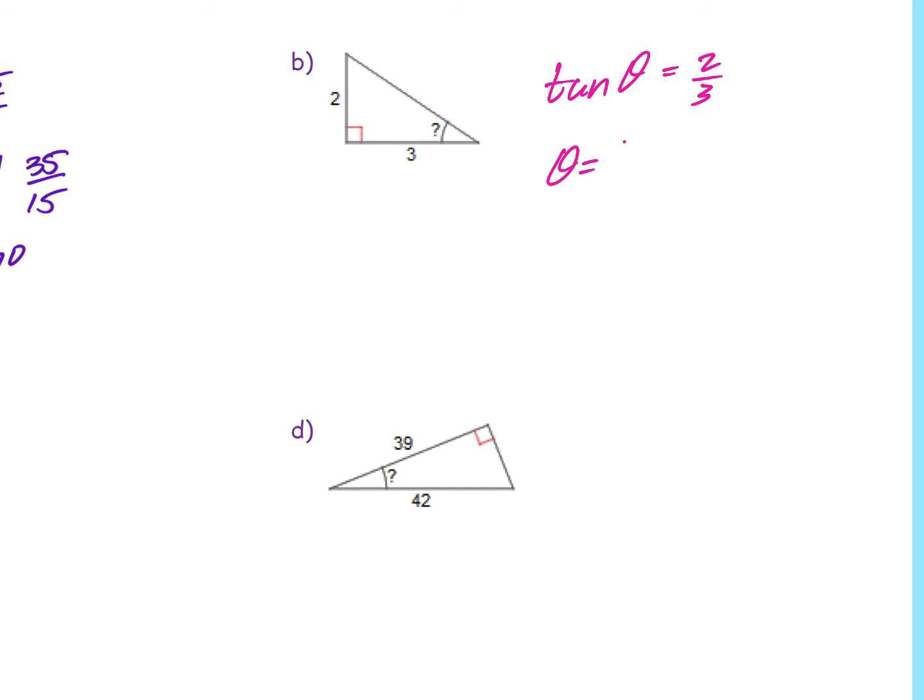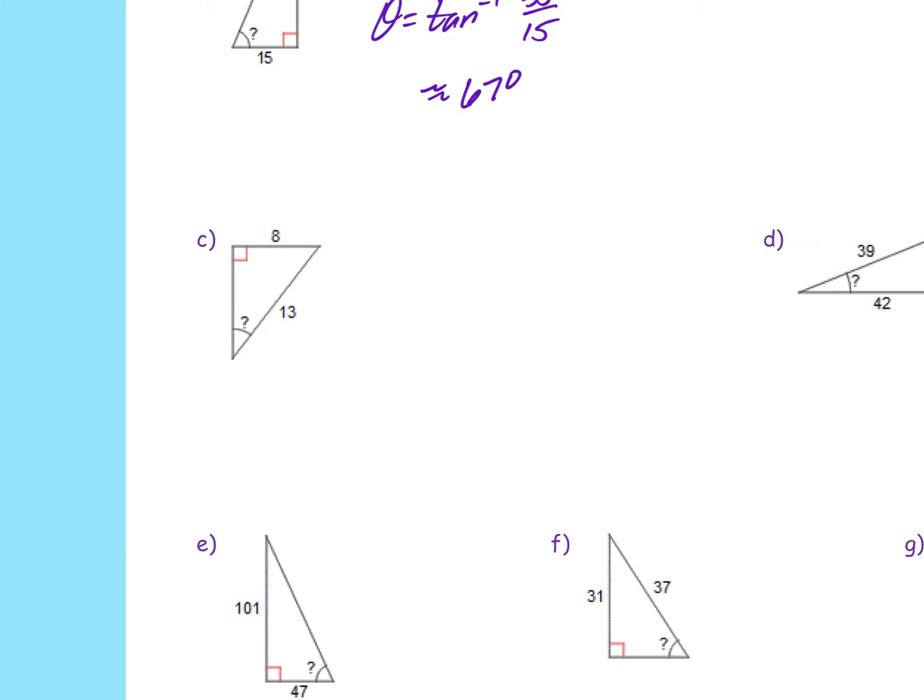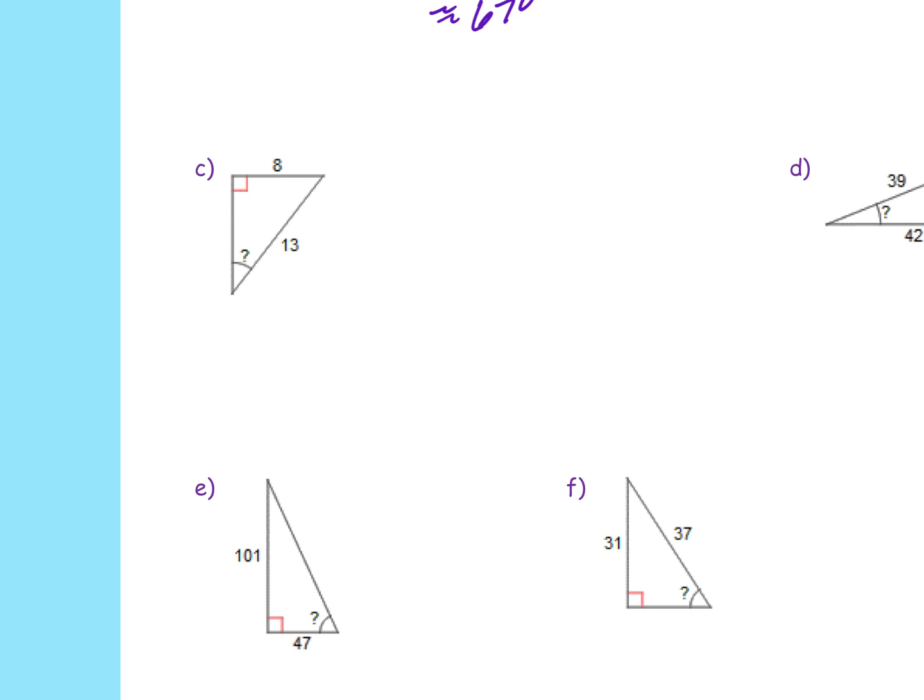So theta is going to equal tan inverse of 2 over 3, which is approximately equal to 34 degrees. Okay. C should be sine of theta is going to be 8 over 13. So theta is going to equal sine inverse of 8 divided by 13, which is approximately equal to 38 degrees.